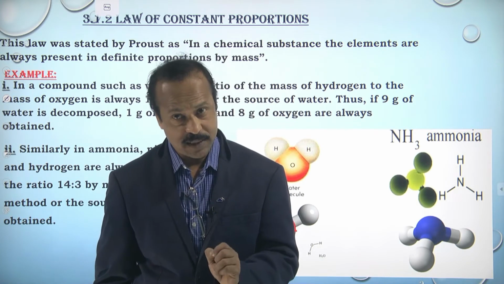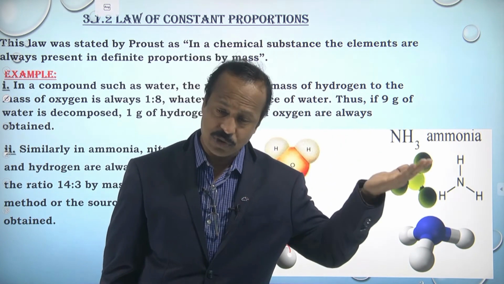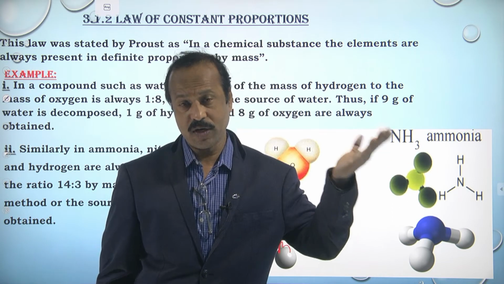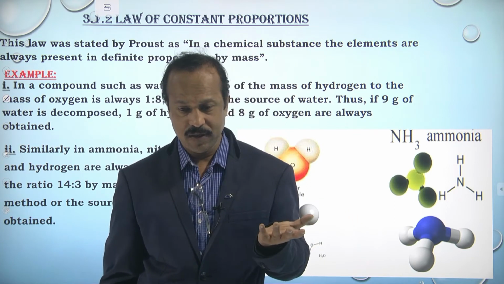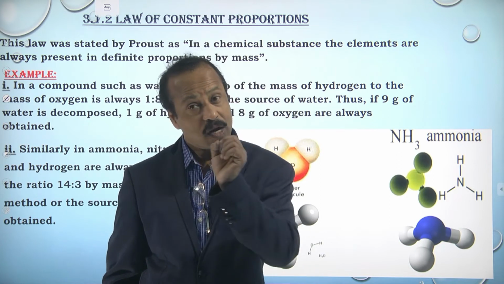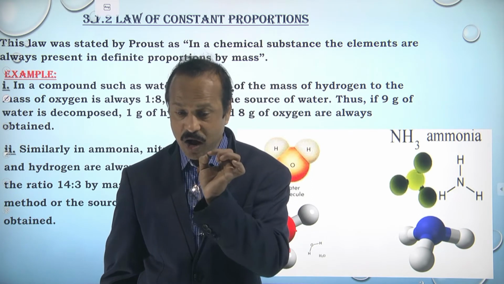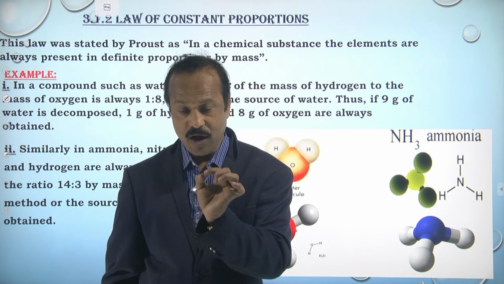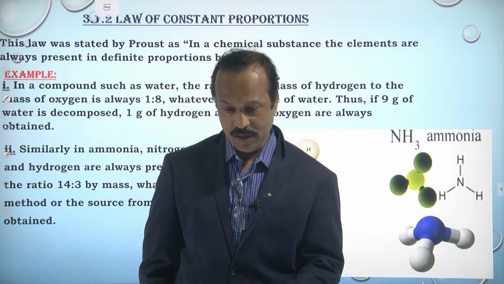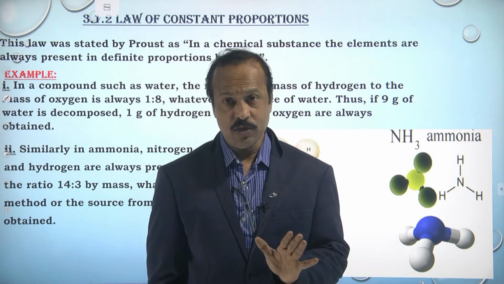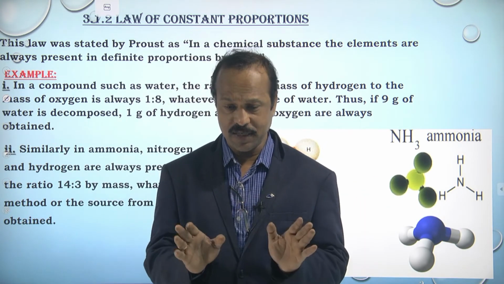Any substance, whatever the source it is made from, however it may be prepared, the composition ratio of atoms of that molecule remains constant. So, if you take water from wherever, water is H2O, the composition remains the same.